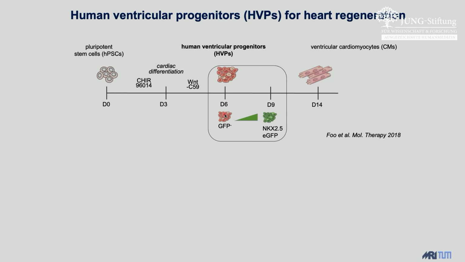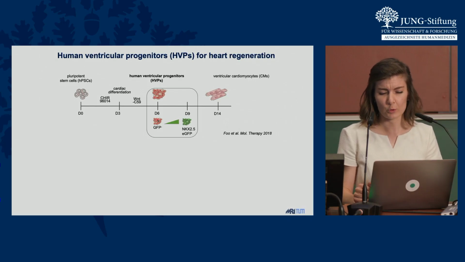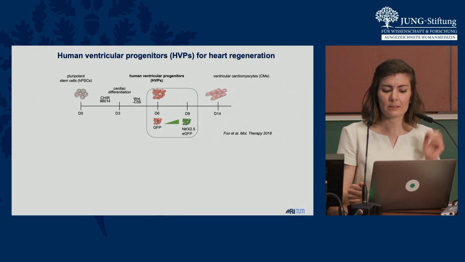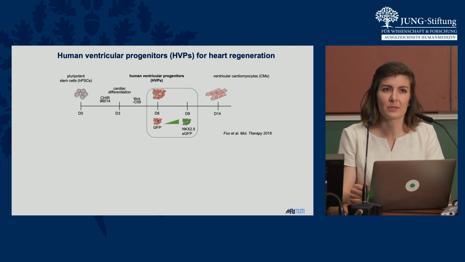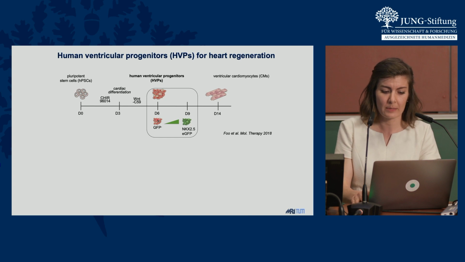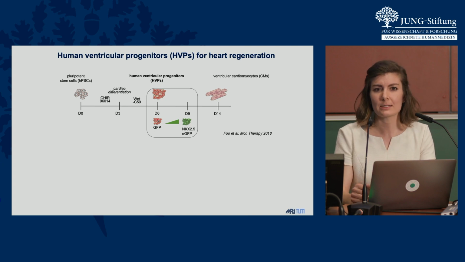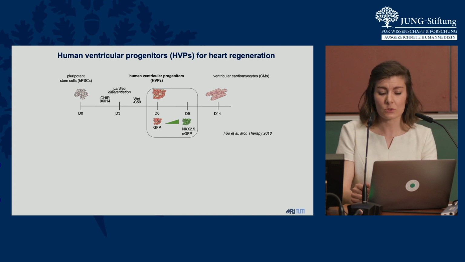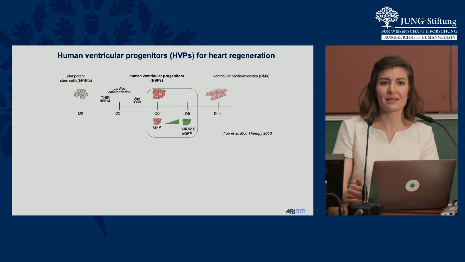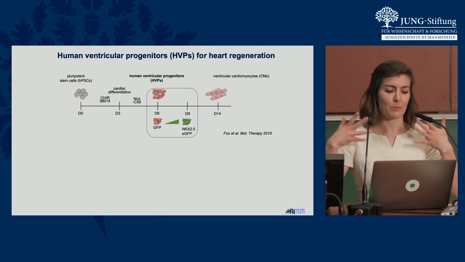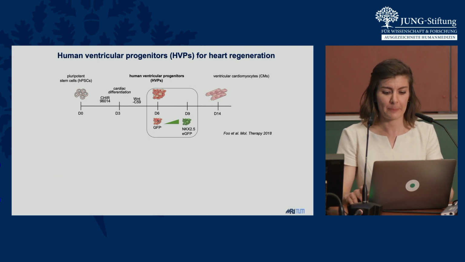And the cell line and differentiation protocol we used in this project was actually developed together with our collaborators Kylie Fu and Ken Chen from the Karolinska Institute in Stockholm. And the beauty of this cell line was that it carries an NKX2.5 EGFP promoter, which basically just means that the cells would turn green as soon as they commit to being cardiomyocytes.